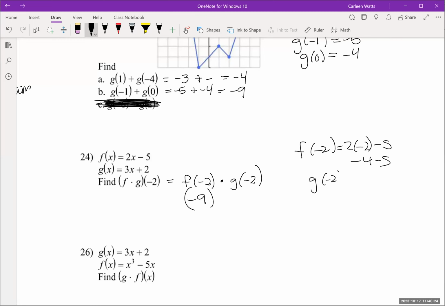G of -2 is 3 times -2 plus 2, which is -6 plus 2, which is -4. -9 times -4 is positive 36.